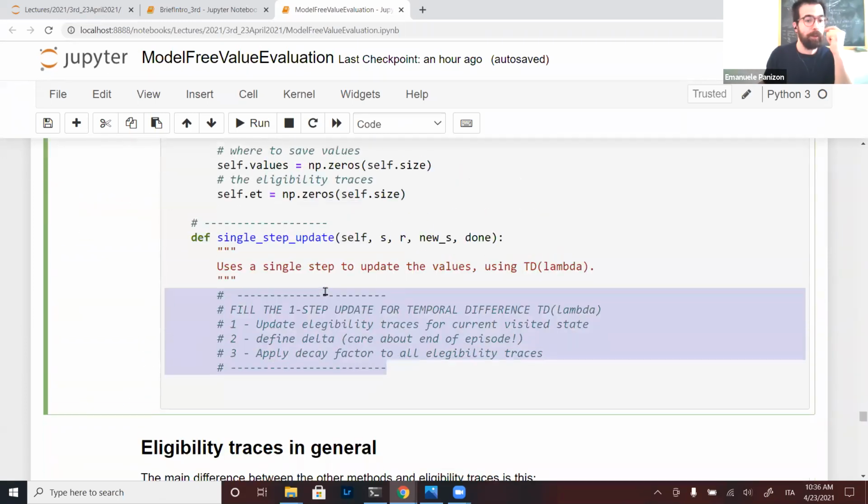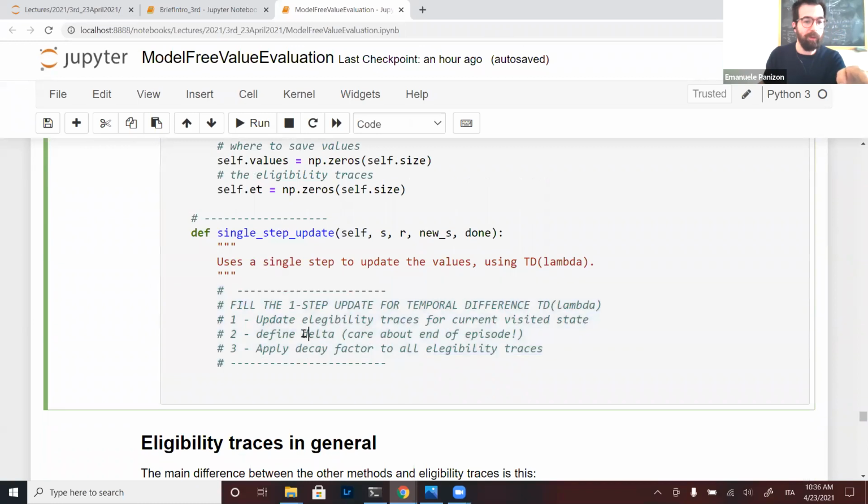Okay. So you can think about them for 2 seconds, but essentially what we've said and what we will see now is that you have to update the eligibility traces because I just visited the state. So one of those eligibility states will get +1. Then I define the delta exactly as in temporal difference 0.